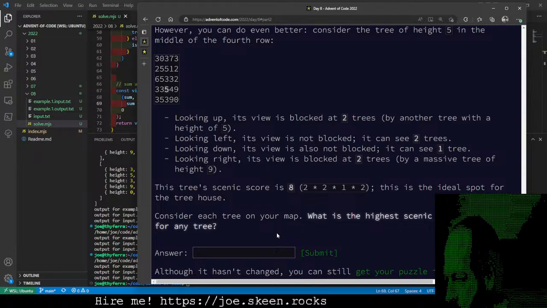Consider each tree on your map. What is the highest scenic score possible for any tree?